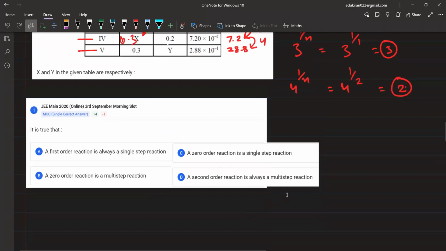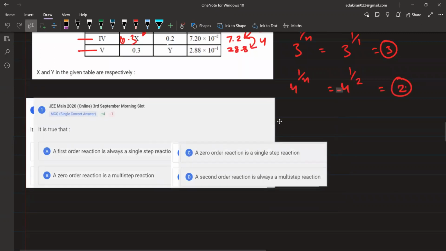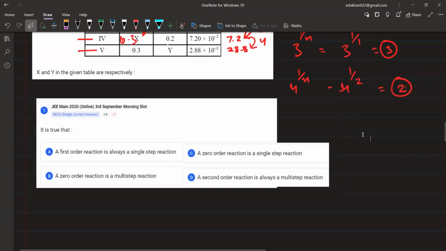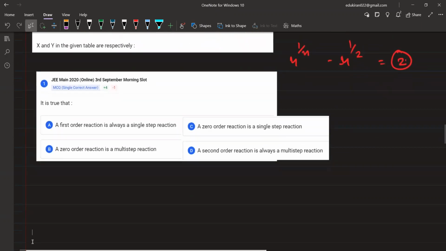This is from the different types of reaction, complex reactions and elementary reactions. Please choose the correct option if you can remember anything.